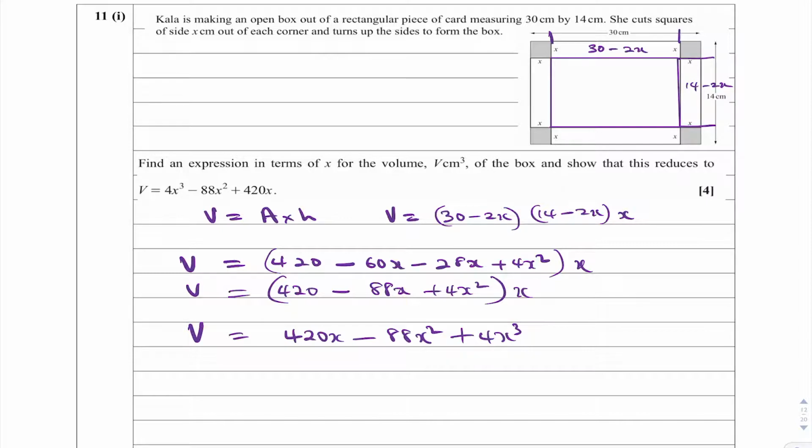So if we write it properly, V equals 4x cubed minus 88x squared plus 420x, and that proves the original equation. So I'm going to put Q.E.D.